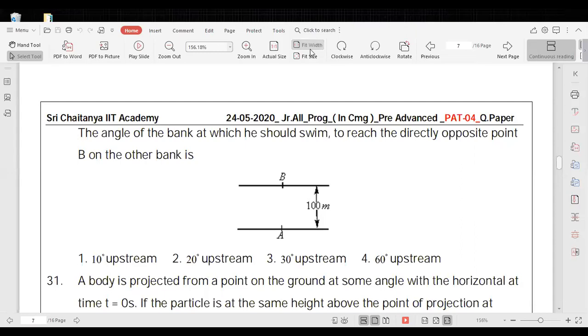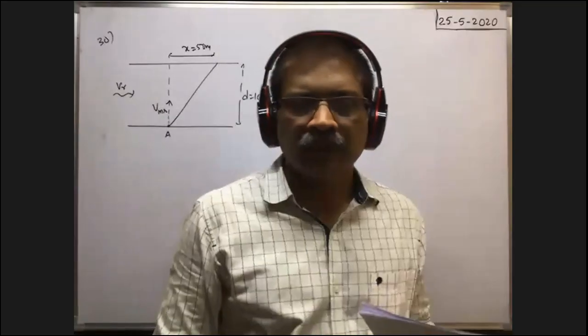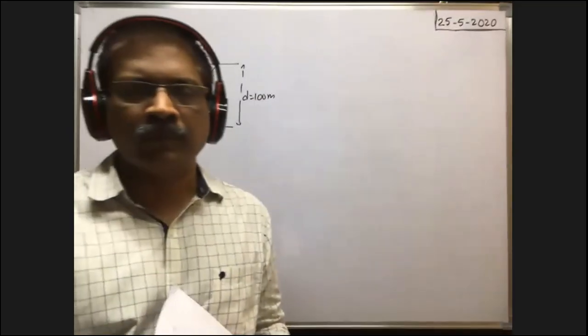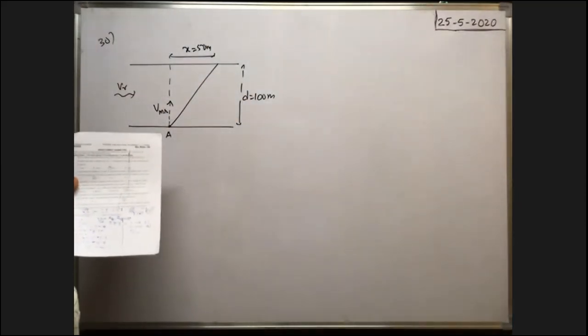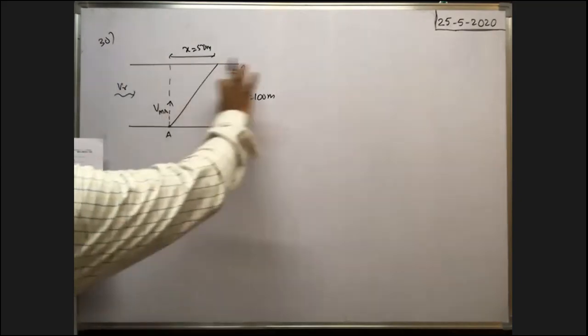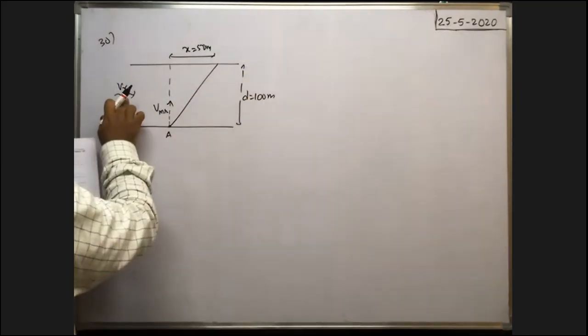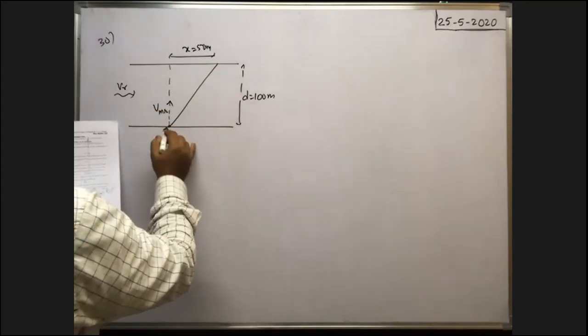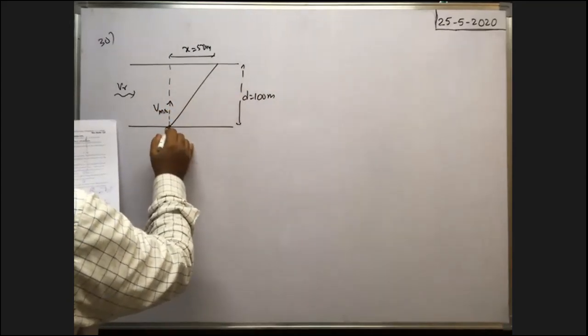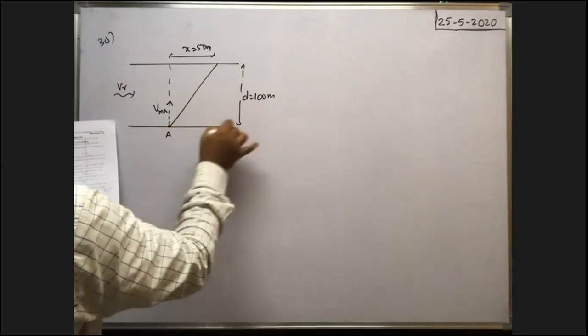So you see, all of you see the board. A man swims from a point A. Suppose this is the river flow. The river is flowing with a velocity VR towards the right. A man swims from a point A on one bank of the river of width 100 meters.